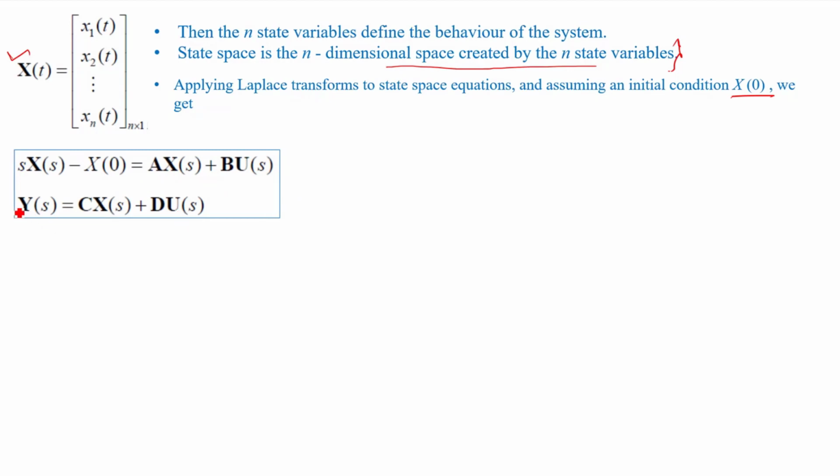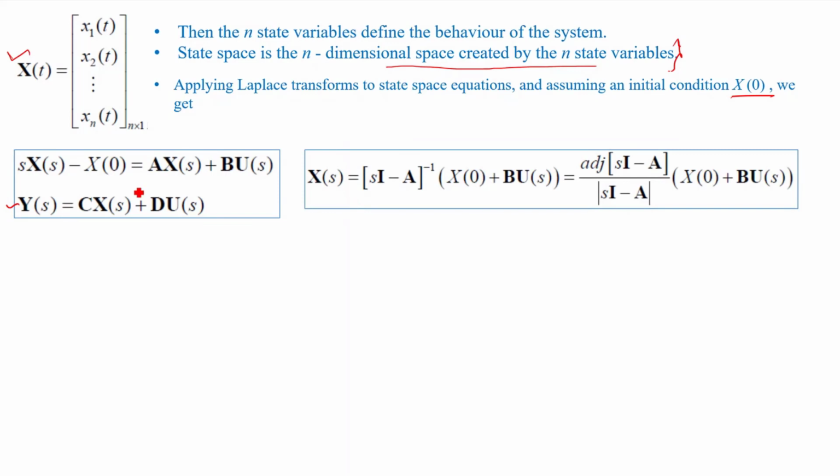Similarly, the output equation becomes Y(s) equal to CX(s) plus DU(s). From the above equation we can find X(s) by segregating it: X(s) equals (sI minus A) inverse times (x0 plus BU(s)). It is easy to find.